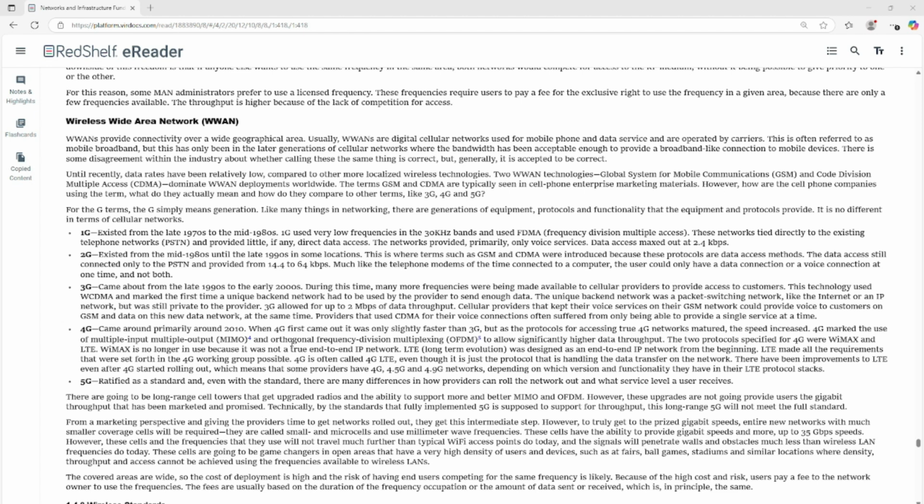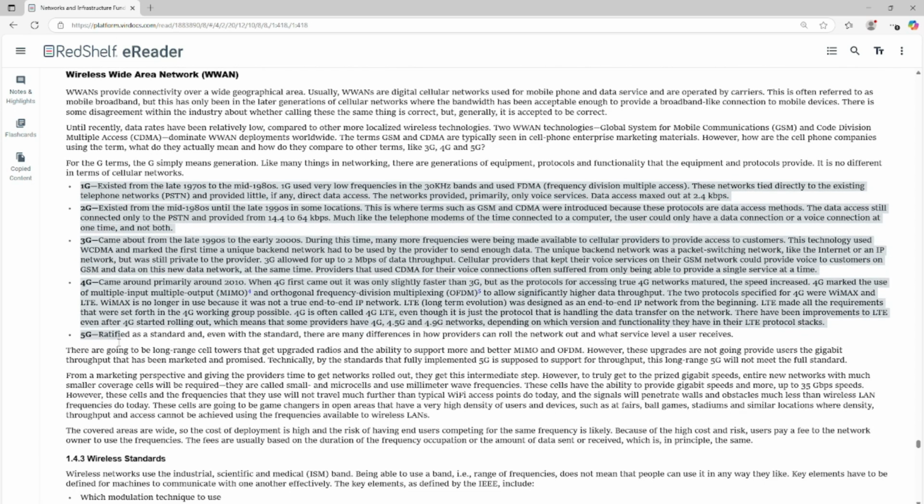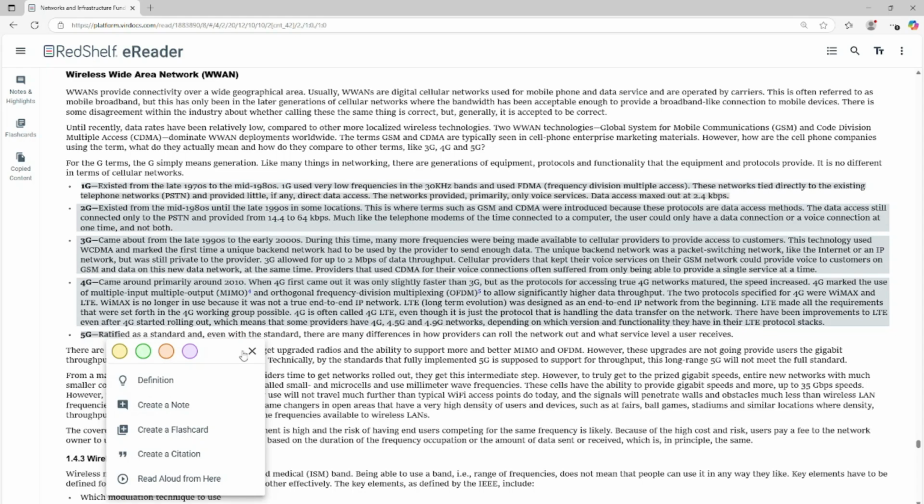They're deployed worldwide. You can read through this to follow how this network has evolved over the years. In today's world, we talked about the 5G network.